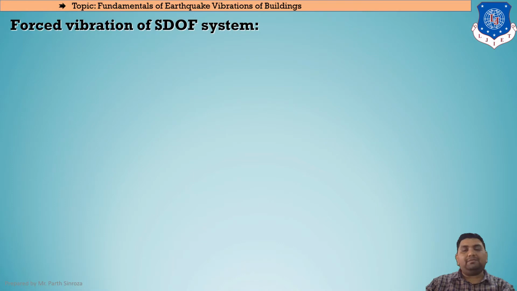So the first thing we will look at is forced vibration of our SDF system, that means single degree of freedom system. For that we will look at a mathematical model.